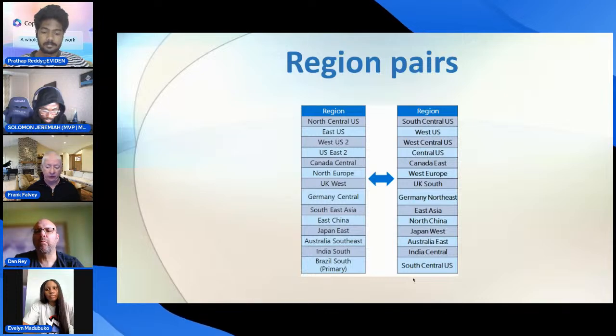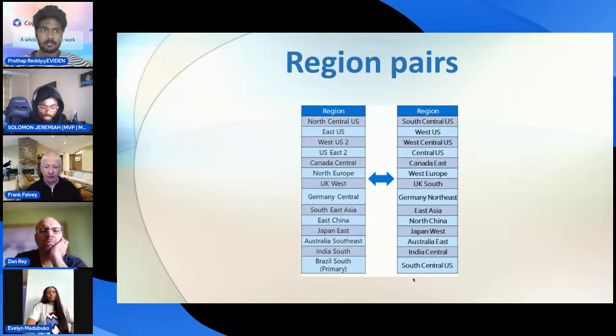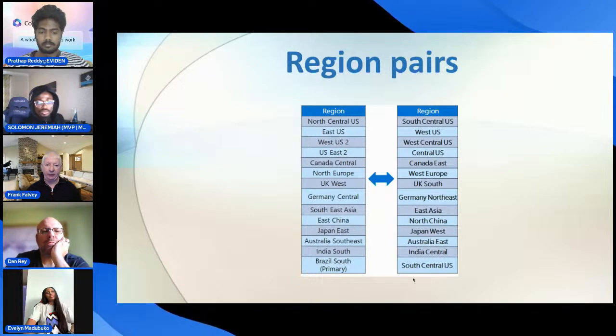So when you're sending your data to another region, they're fairly close by. It wouldn't be practical for me here in Ireland to be failing over to the US, because it would take a long time for your data to travel backwards and forwards. So you pick a region close by.